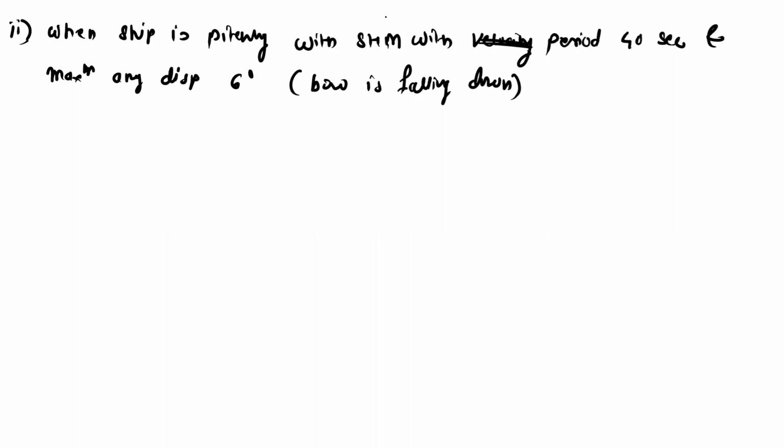This is the second condition: the ship is pitching with simple harmonic motion with a time period of 40 seconds, and the maximum angular displacement is 6 degrees, and the bow is falling down. This condition is given so that we can predict the gyroscopic effect. During pitching, the ship takes a left turn or right turn automatically, and we have to decide which, depending on whether the bow is falling down or moving upward.